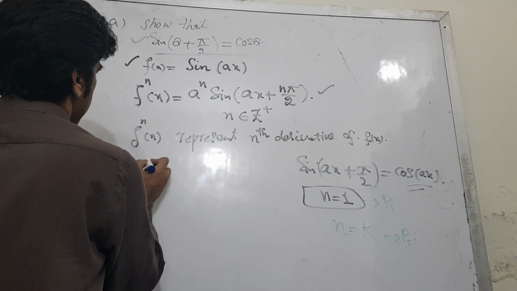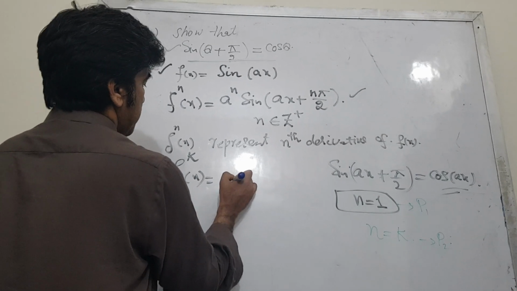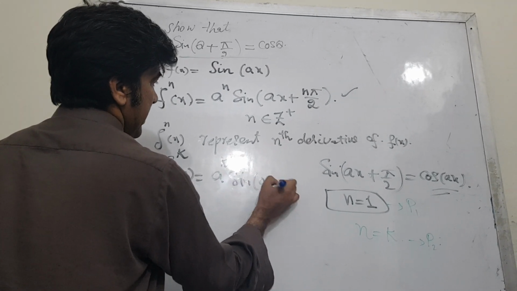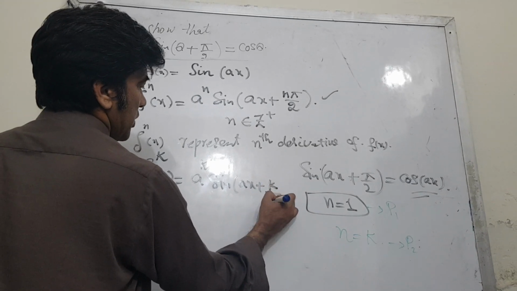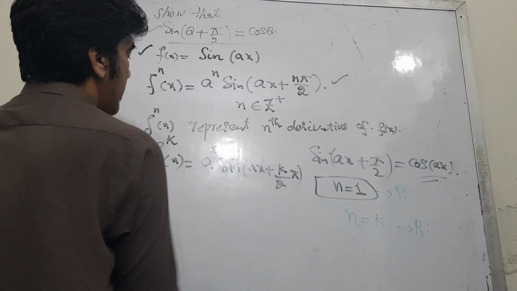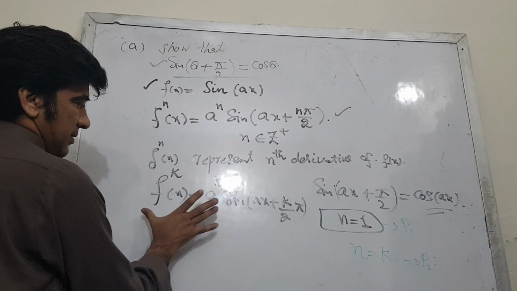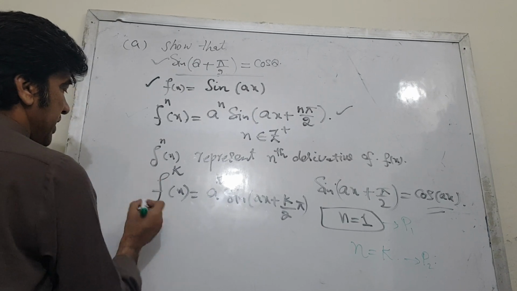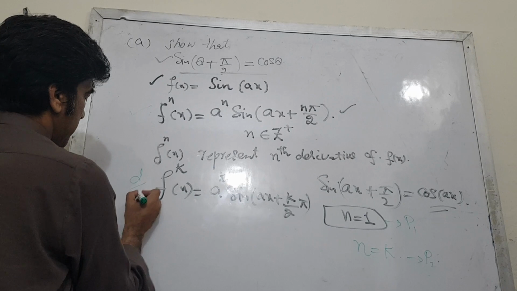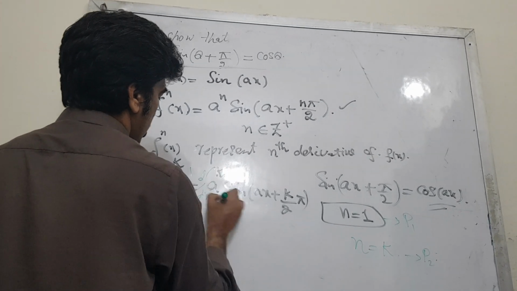So this statement: f, the kth derivative, becomes a^k sin(ax + kπ/2). That's it. Okay, now I take the derivative of this. By taking the derivative of this function, I write d/dx on both sides.